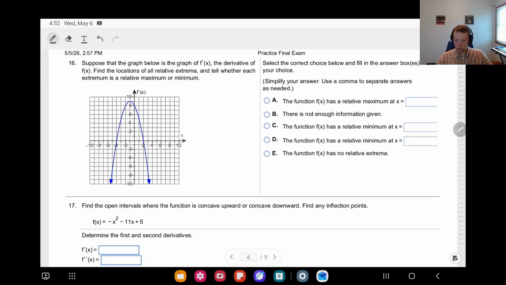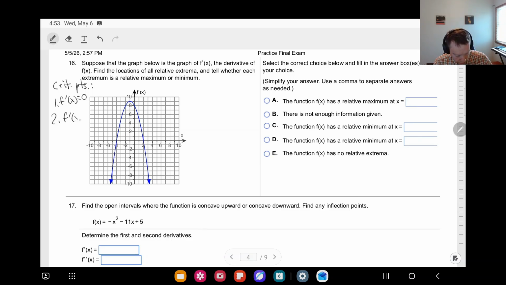So, what are critical points? Well, they are the candidates for these relative extrema, local maximums, local minimums. Critical points are critical numbers. That's just the x value. Remember, they are when the derivative is 0. That's the main thing to look for.